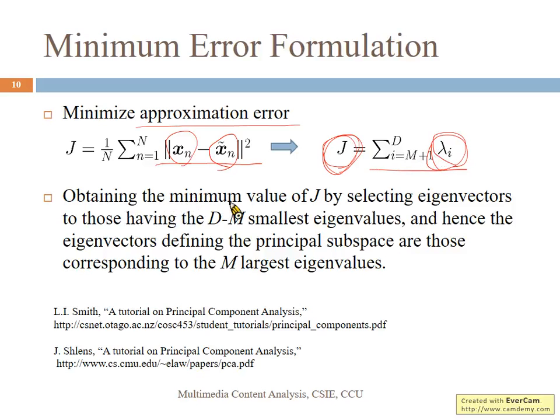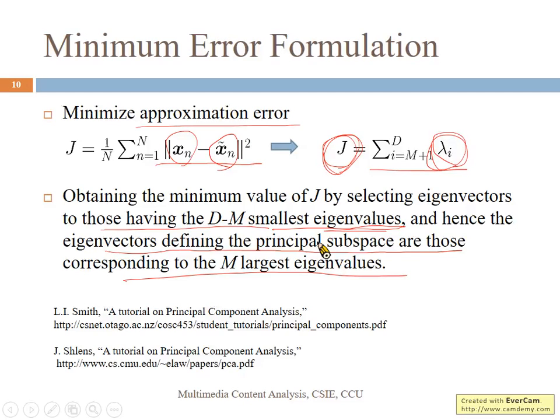To obtain the minimum value of J, we have to select eigenvectors for those having the d minus m smallest eigenvalues. Okay, we skip the mathematical derivation. And hence the eigenvectors defining the principal subspace are those corresponding to the m largest eigenvalues.